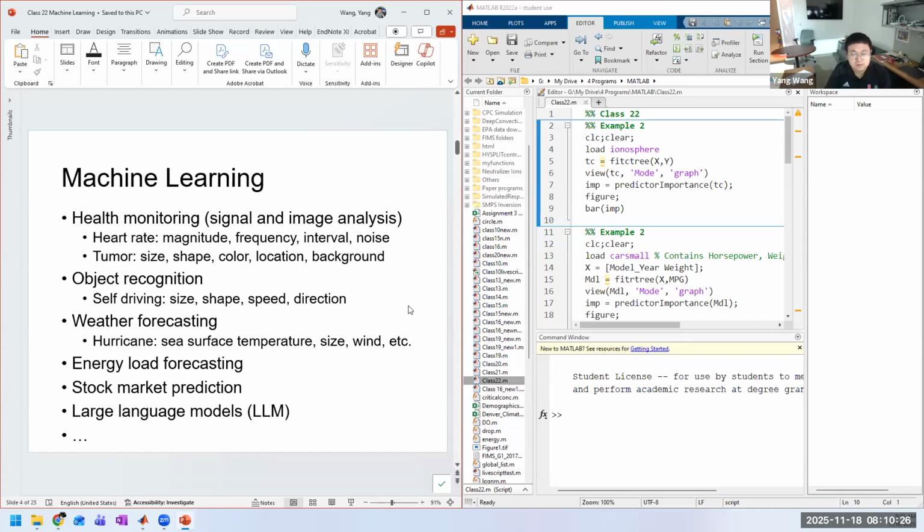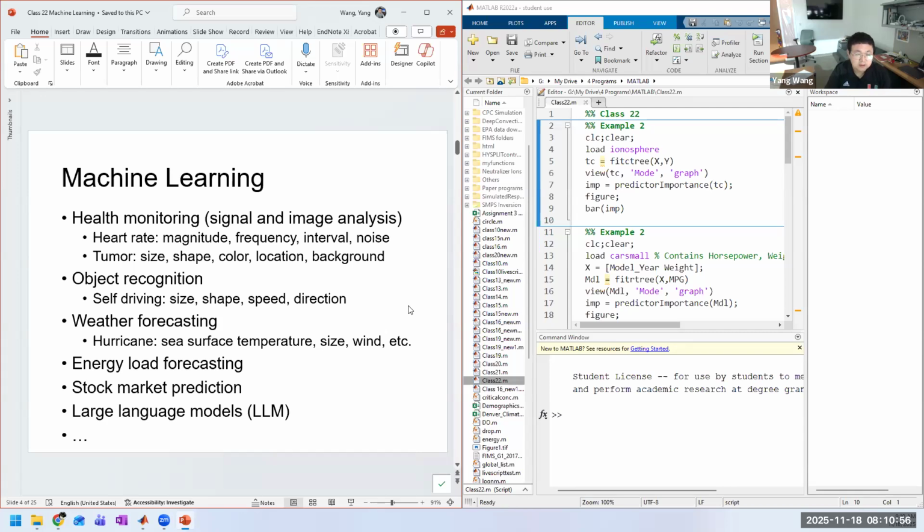So then there could also be different frequencies, right? Heart rate variance associated with the heartbeat that can further relate to some health issues, right? Magnitude, how loud the heartbeat is, and also the interval of the heartbeat, and so on and so forth, right? So now with machine learning, we could actually train the machine to learn from the data of healthy people and learn from the data of people with disease, right?